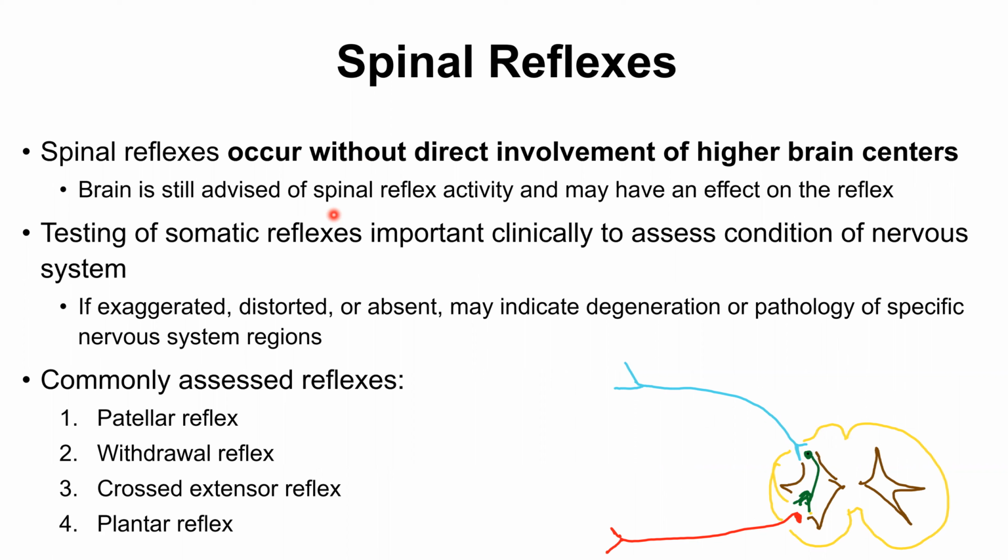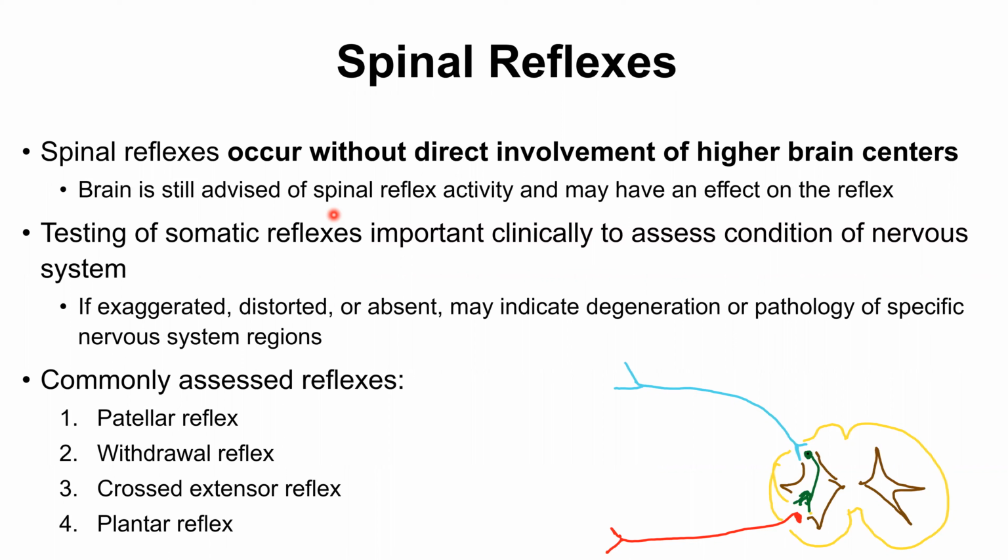Spinal reflexes are relevant to us clinically because we can assess the condition of the nervous system by testing spinal reflexes. And if spinal reflexes are exaggerated, or if they're distorted, or if they're completely absent, this might indicate to us there's some sort of degeneration or some sort of pathology in specific regions within the nervous system.